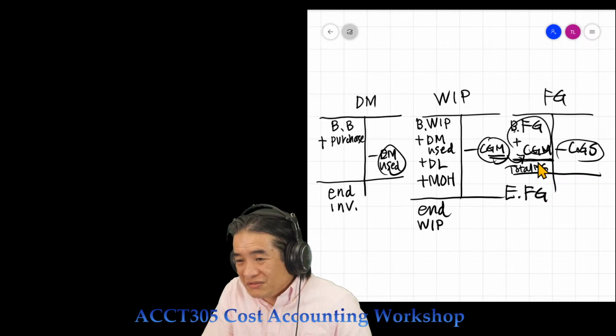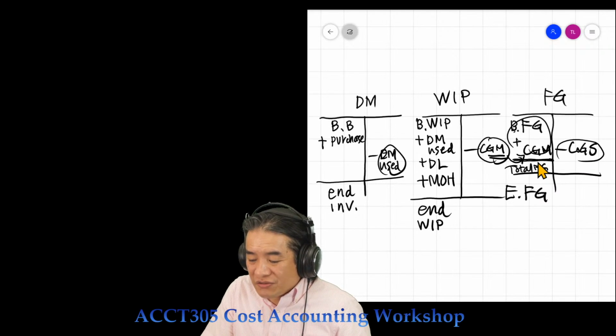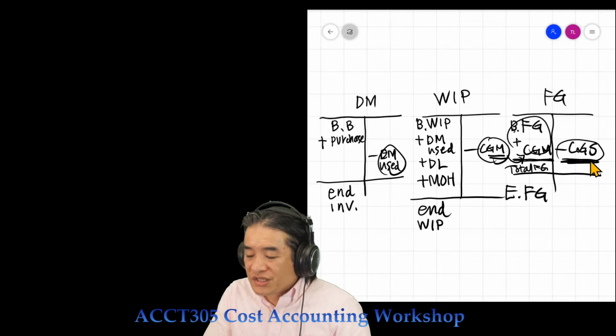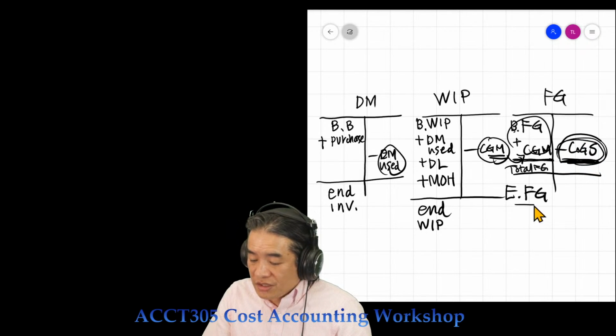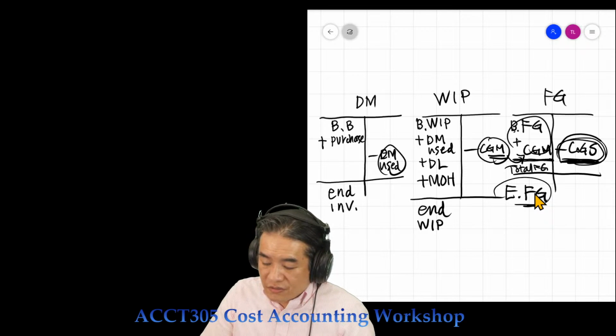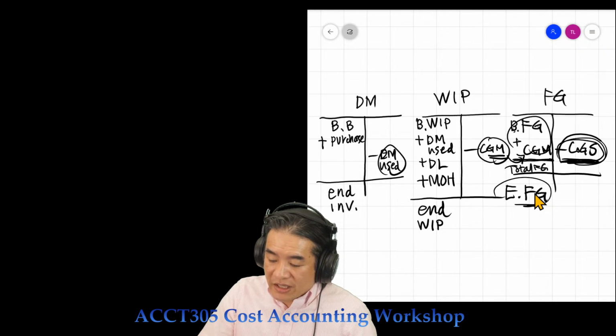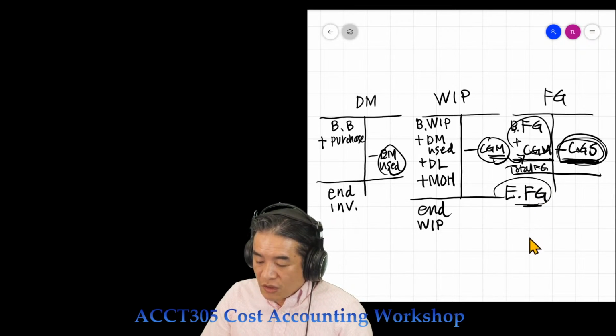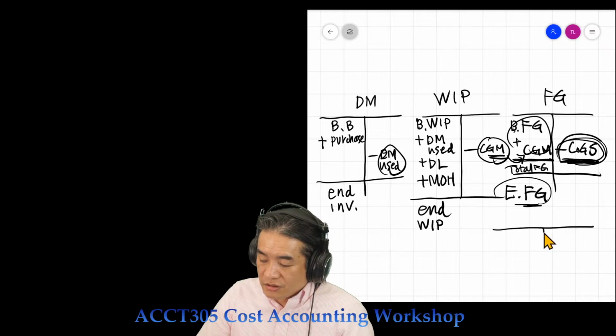Now, you don't need to track that in the T account. All we need is just the part that's taken out, which is the cost of goods sold. Because after cost of goods sold is taken out, we have the ending finished goods inventory. So same idea as what we've seen earlier.